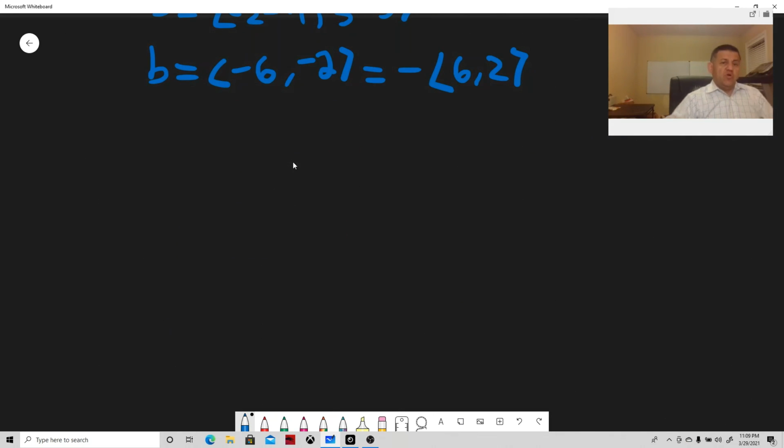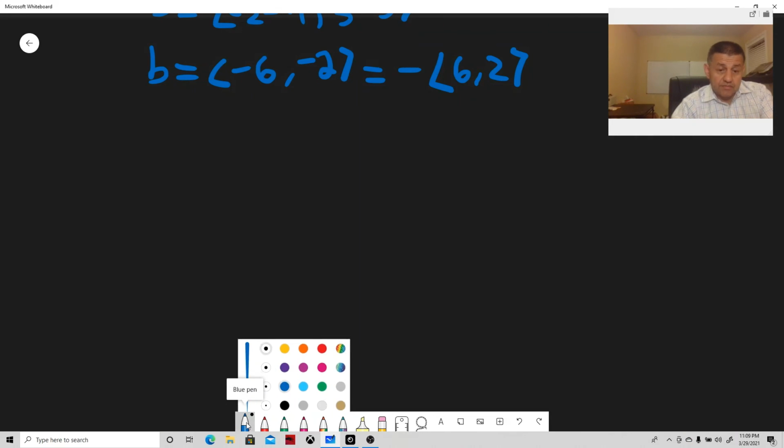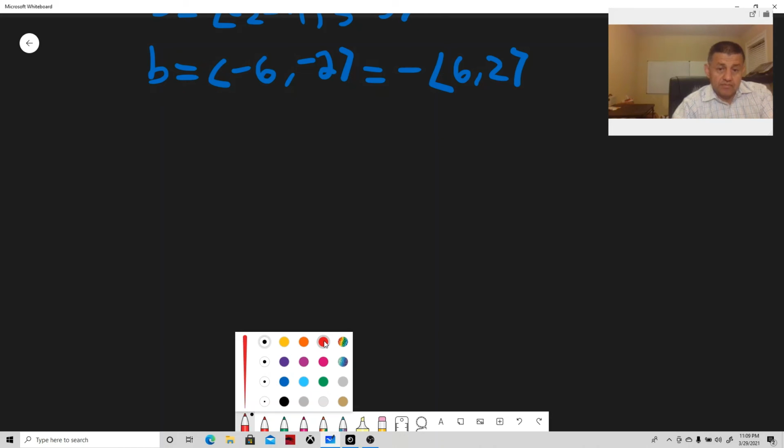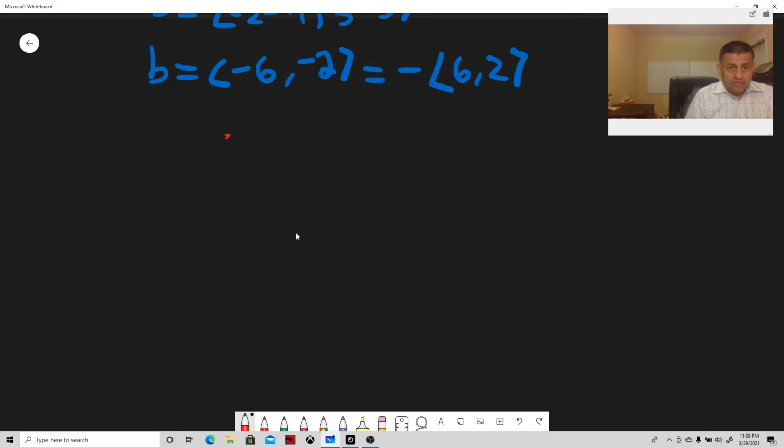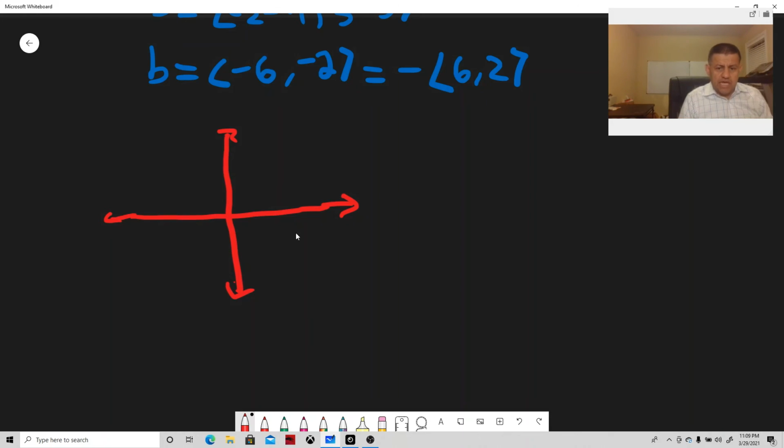Okay, so now let's do another graph. Okay, so now I am going how many units to the left?